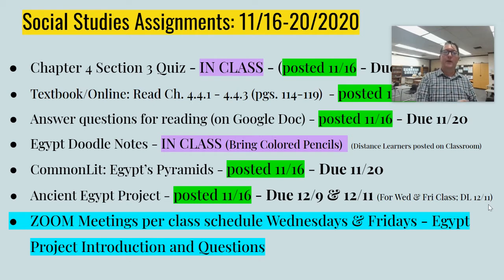So rather than doing a standard open book test here in class in complete silence, you can do something like make a pyramid or a mummy and a sarcophagus, or you can do a report on a pharaoh, or you could make one of the masks. Or what was the other option? Oh, that's right. You could write and perform a rap and or song. So trying to get as many different options out there for you as possible.